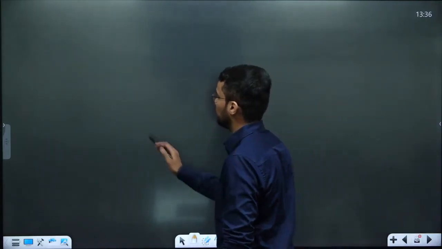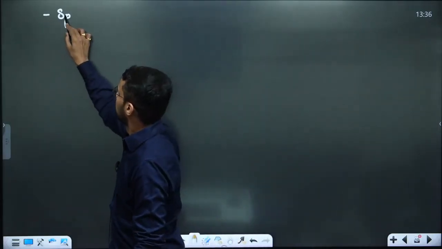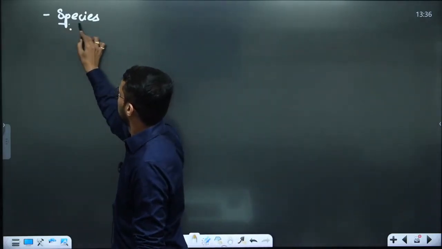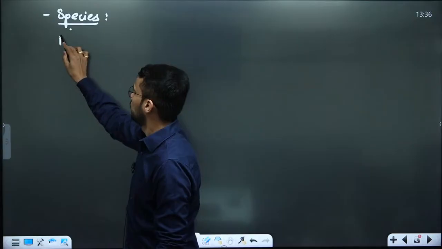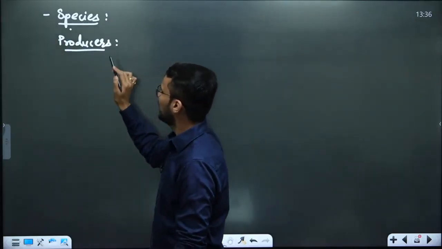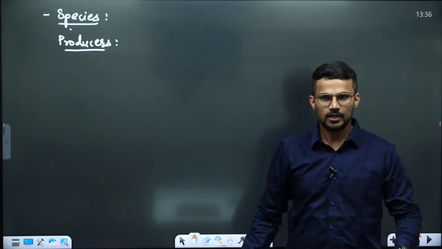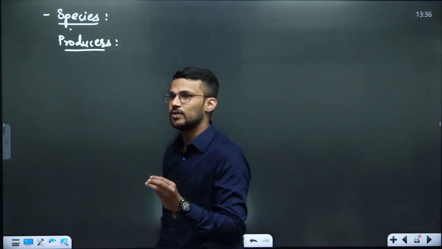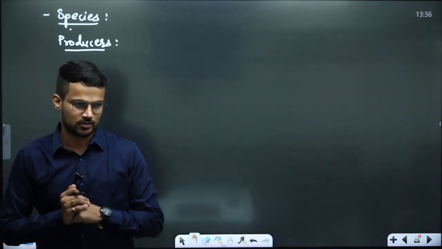Next is species. Producers. Can you name some producers that we have in tropical deciduous forest?